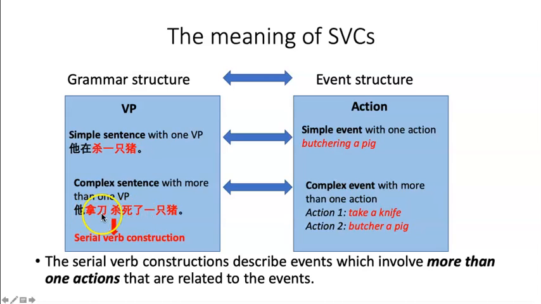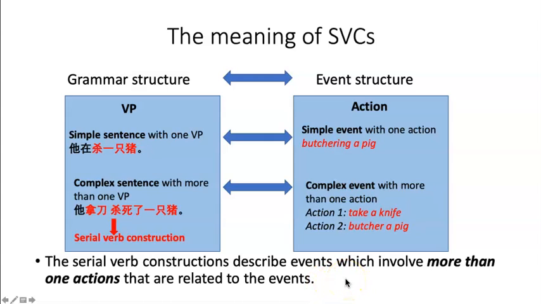So 拿刀, this verb phrase, captures the first action, take a knife. 杀死了一只猪, the second verb phrase, captures the second action, butcher a pig. And this is what we call a serial verb construction.